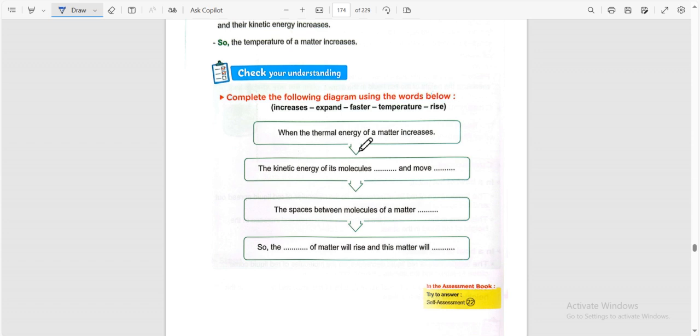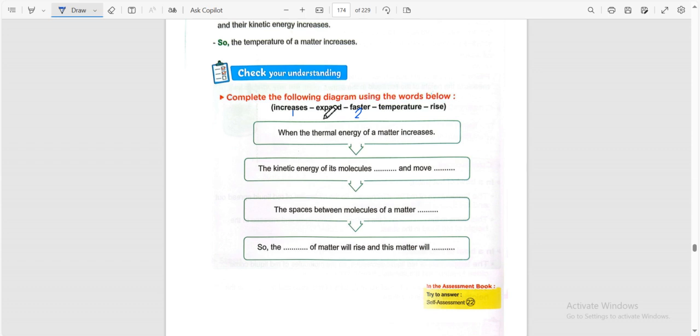When the thermal energy increases, the kinetic energy of the molecules, what happens to it? The kinetic energy of the molecules increases. And the particles, the molecules, they move faster. Now, the spaces between molecules of a matter, what happens to the spaces?